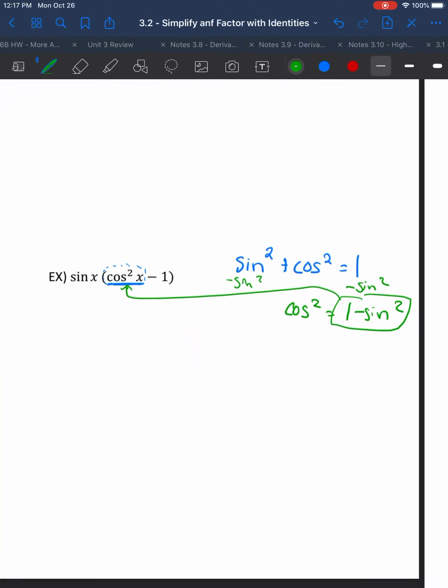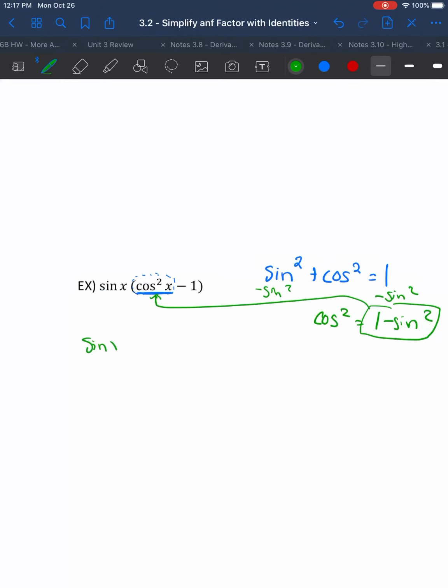So now I have sine of x times, replacing cosine squared with 1 minus sine squared, and then I still have this minus 1. Now look, I've got a 1 and a minus 1. Those cancel. So now I have sine of x times negative sine squared x.